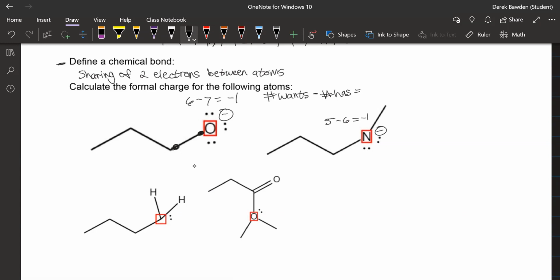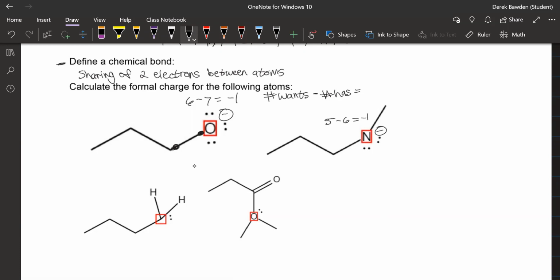How do we know how many electrons an atom wants? How do we know that number? I looked at the periodic table. Yeah, so it's based on the group that the atom is in. So if it's in the 6th column or 16th column, I guess, like oxygen is, okay, it wants 6 electrons.